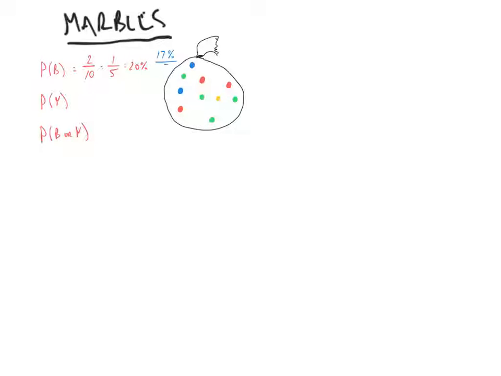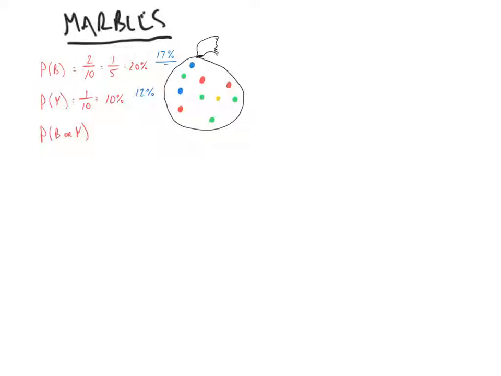We talked about the fact that if we were to keep completing this study over and over again with many, many people and many trials, we should get closer and closer to that 20% mark. The probability of a yellow marble is going to be 1 out of 10 because there is only 1 yellow marble in there, or 10%. And then as we repeated this study all day long, we got 8 out of 69, which came out to 12%. So that one was a little bit closer to what we predicted.